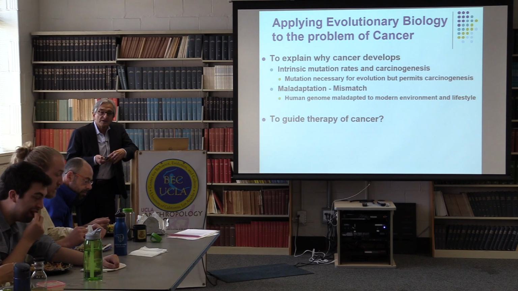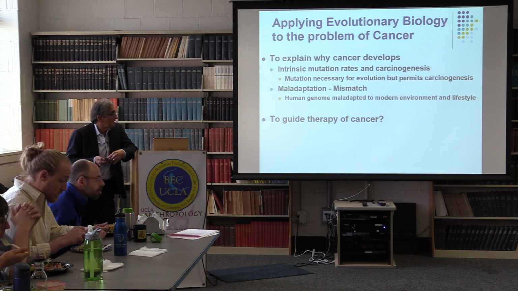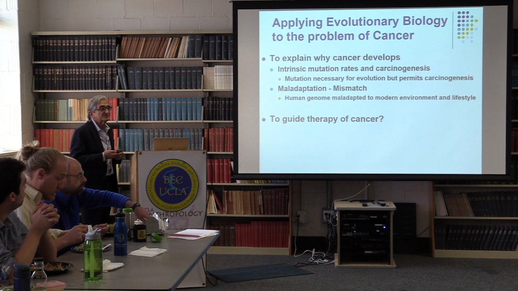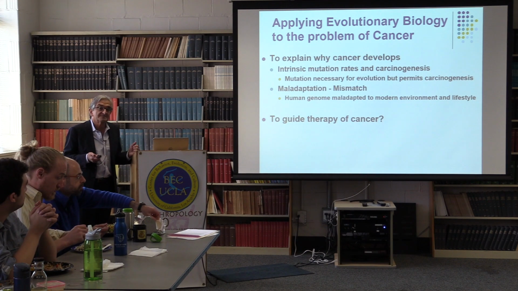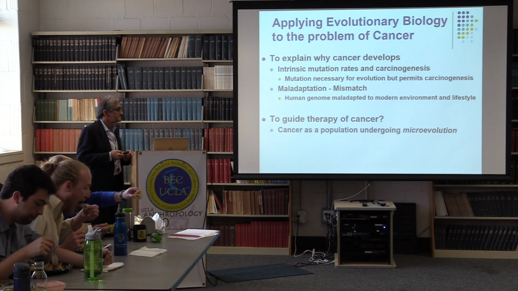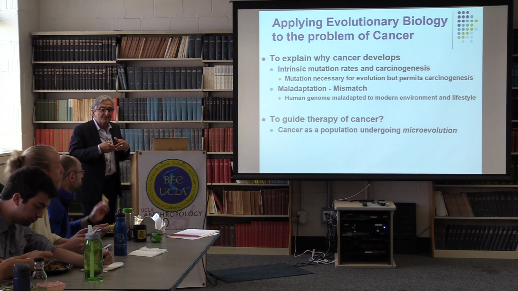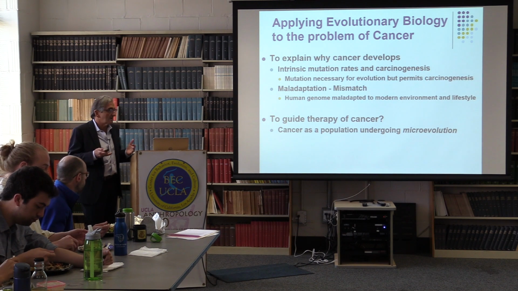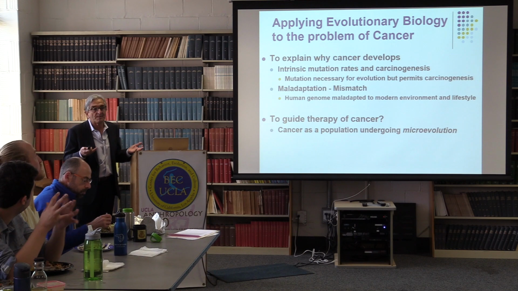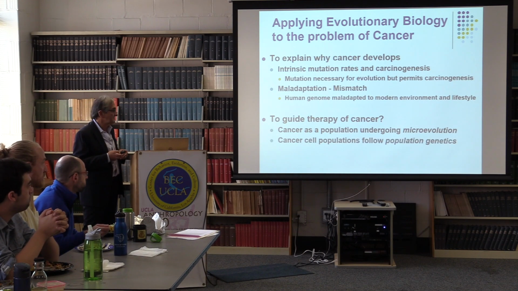But what I really want to talk about is a very different topic, thinking about evolutionary biology in terms of how it might help guide cancer therapy, the strategy, in other words, of approach. Although many physicians don't look at it this way, I think it's clear that a cancer in any one individual is really a population undergoing microevolution.